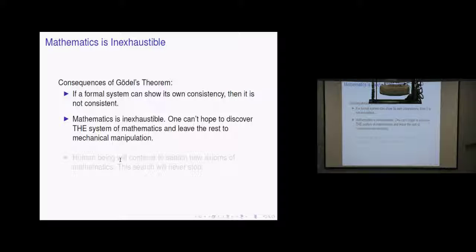That pushes you to go further, and this process never ends. That's a wonderful fact about mathematics. So mathematicians will always look for new axioms for mathematics. Mathematics will never stop.